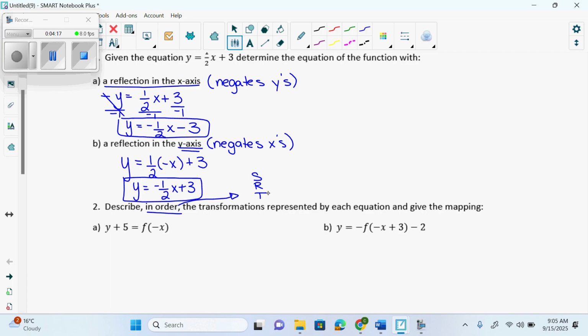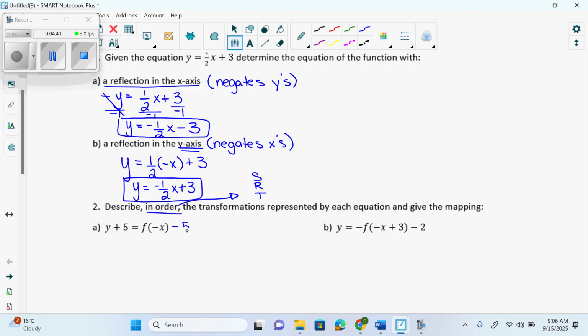So if you went RST like the alphabet, you wouldn't be wrong because both of them are multiplication. They'll often list SRT though, so I just listed in that order too. But R and S can be interchangeable, it's multiplication. So if you forget, worst case scenario, list them in alphabetical order. Reflect, stretch, translate.